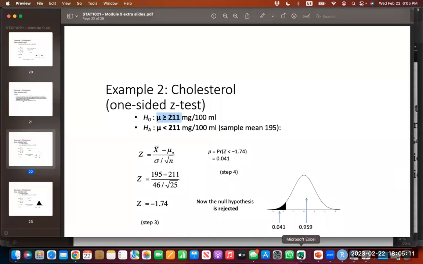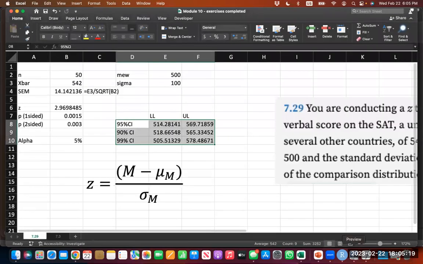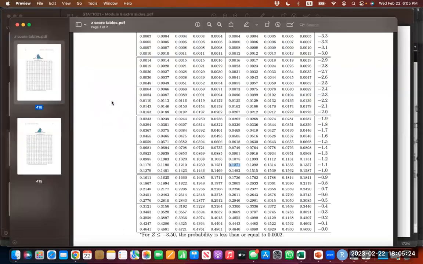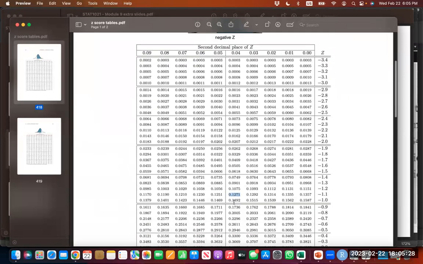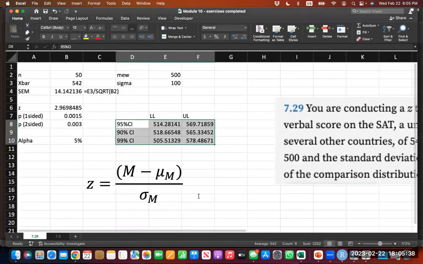That's certainly more accurate. So we have minus 0.547, so that's 55, minus 0.55. We have here 55, this is here 0.2925.